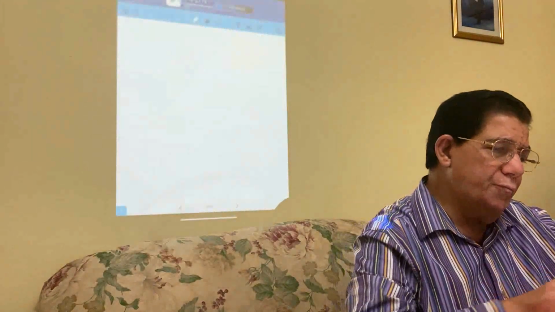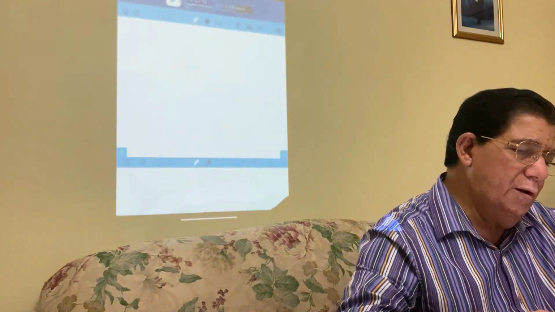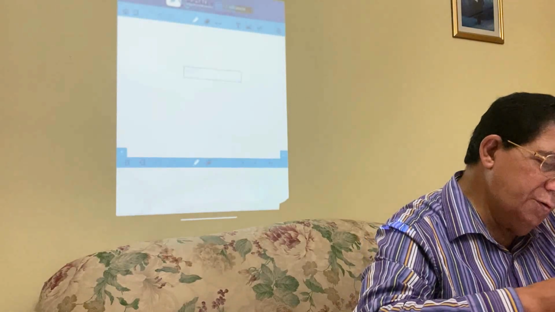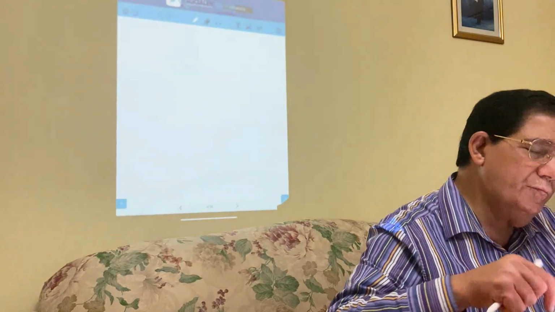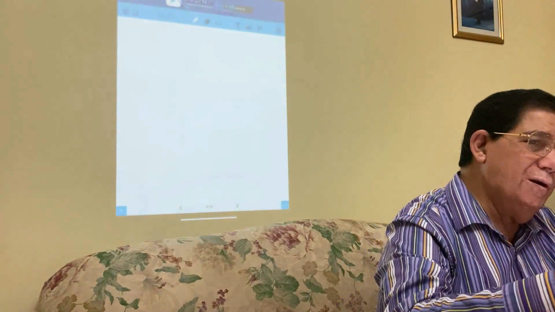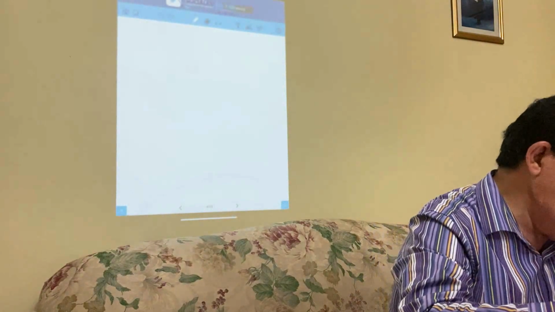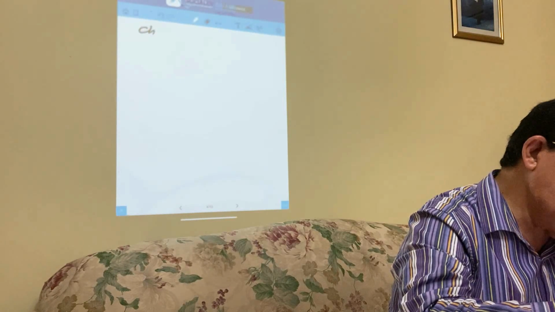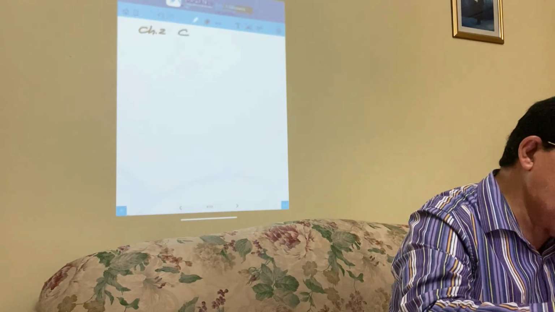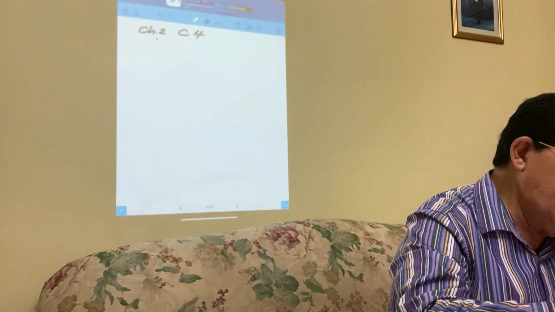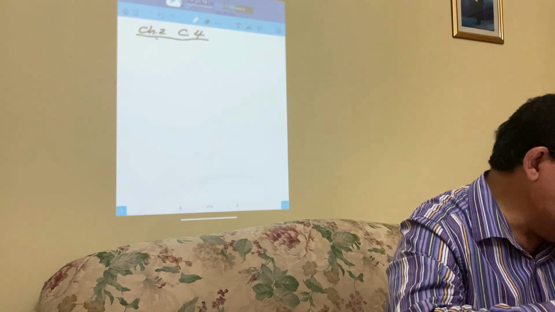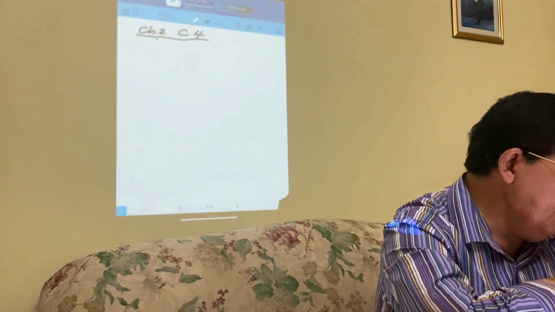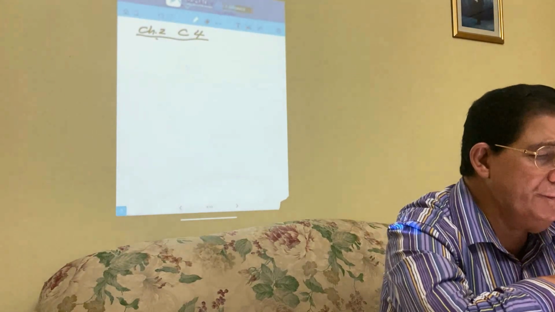Now we will consider our next chapter, chapter 2 in C4. The chapter is coordinate geometry in the XY plane.